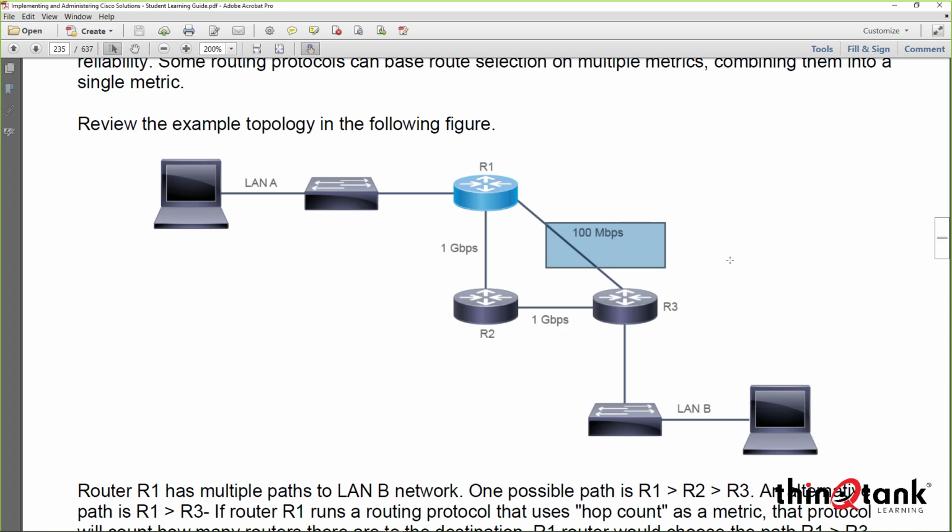Yes, sir? You mentioned earlier, a few days ago, that you can change the bandwidth on an interface. Yes. OSPF and EIGRP use that advertised bandwidth or the actual bandwidth? Configured bandwidth. So yes, you can change the bandwidth of an interface. It doesn't actually change the bandwidth.